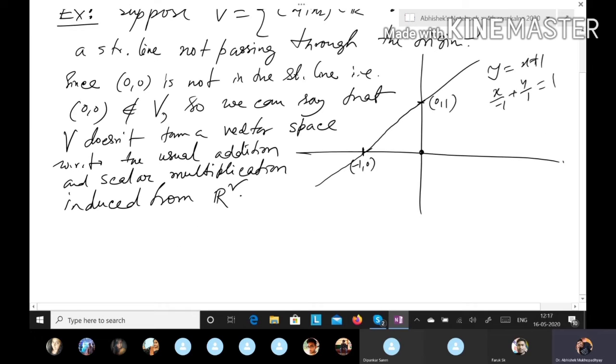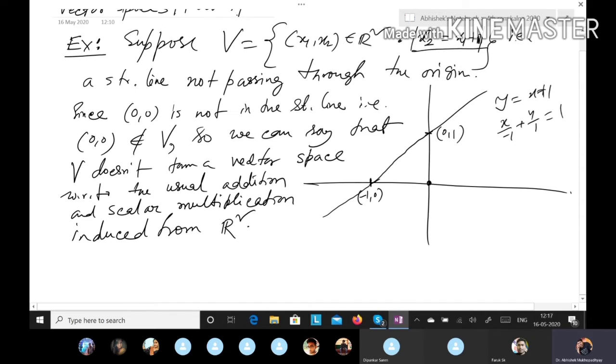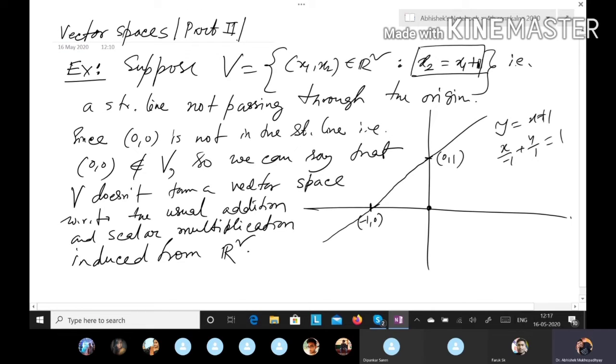We have already discussed the usual vector addition and scalar multiplication on R2, and we induce these operations on V, with respect to which V will not form a vector space, because 0 0 is not included in the set V.